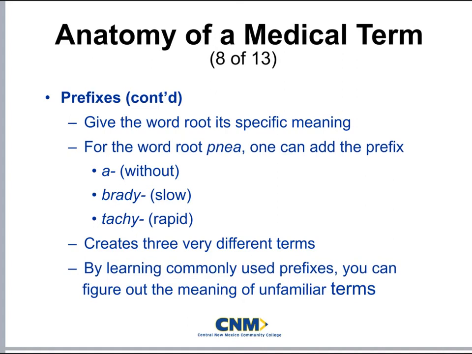For the word root pnea, P-N-E-A, one can add the prefix a, which means without, brady, which means slow, and tachy, which means fast. So let's go through those. Apnea means no breathing. Bradypnea means slow breathing, and tachypnea means rapid breathing. Those are three very different words. By learning commonly used prefixes, you can figure out the meaning of unfamiliar terms.